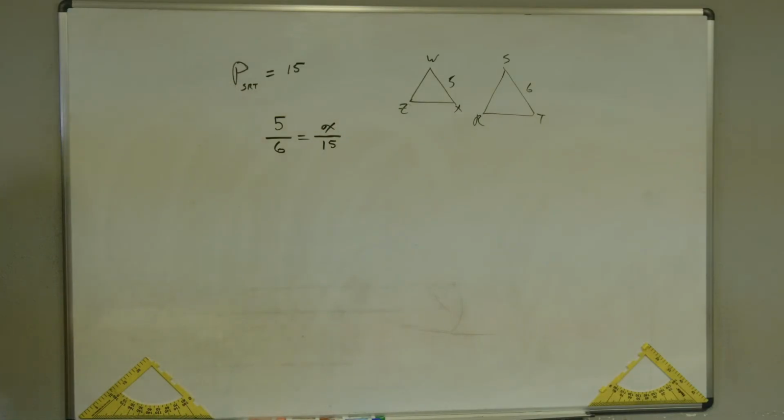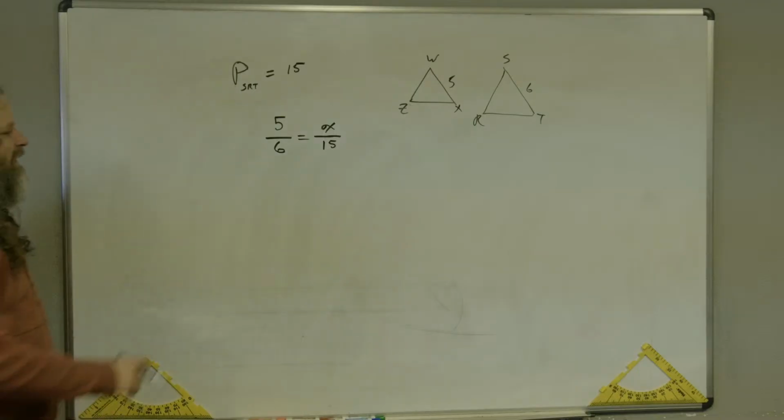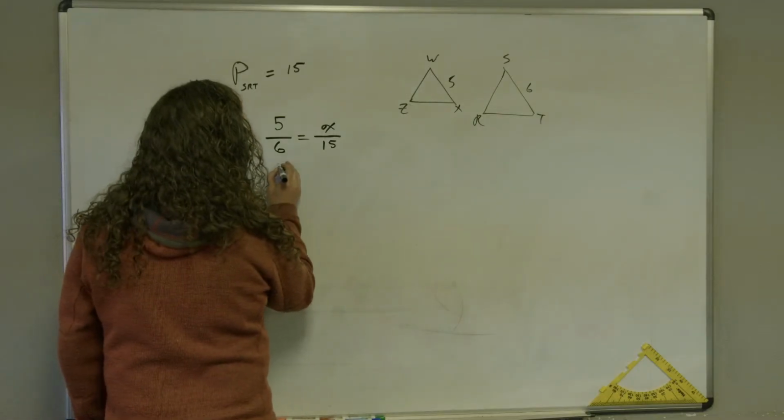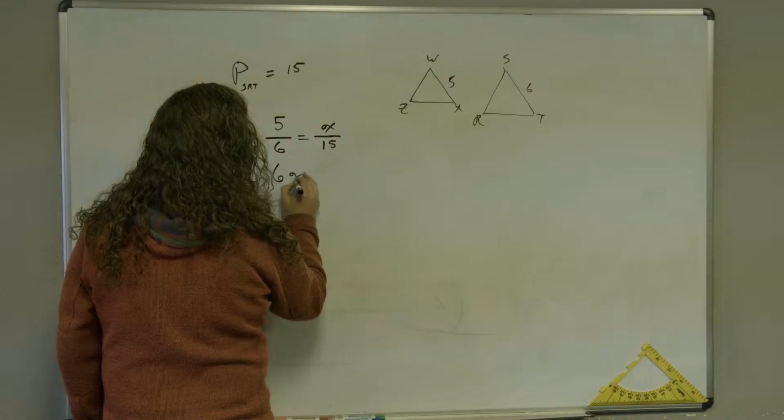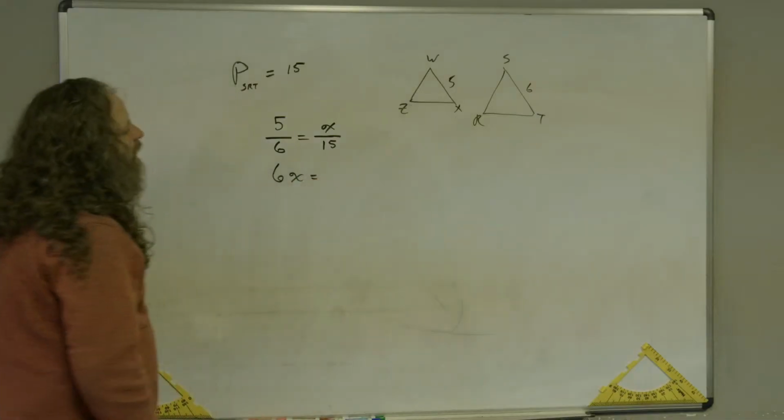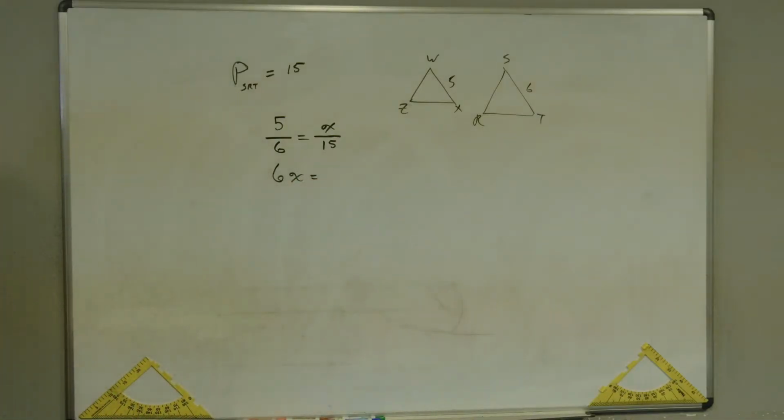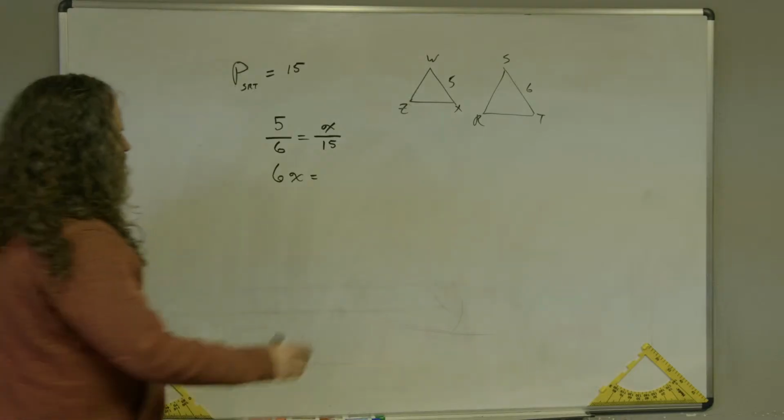Now what? Yes, cross multiply. That's right. What's 6 times x? 6x, true enough. What's 5 times 15? 75.